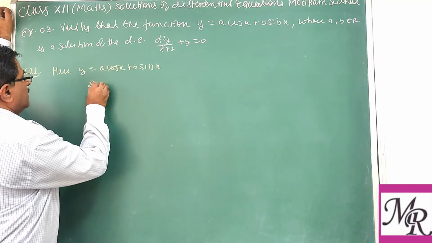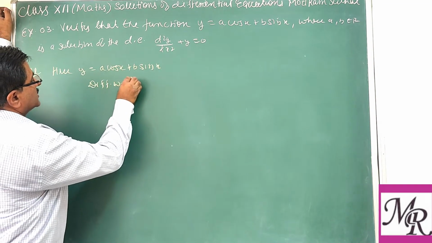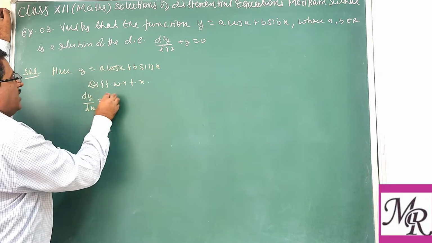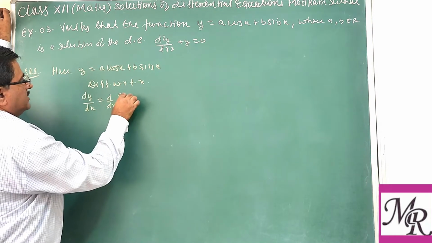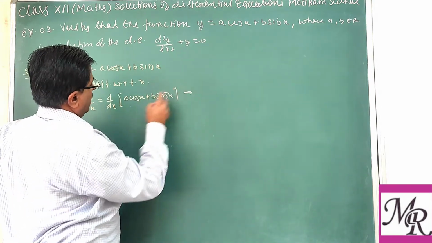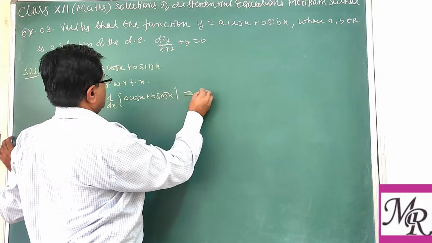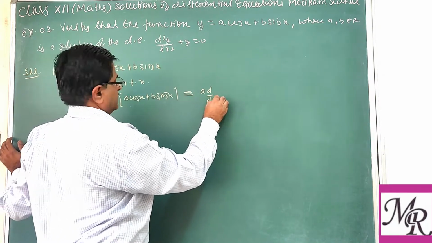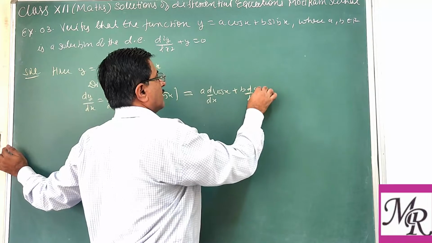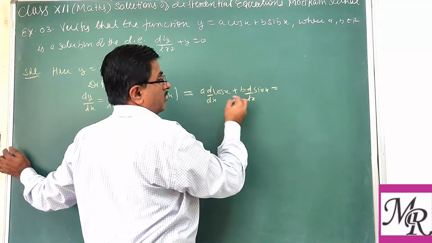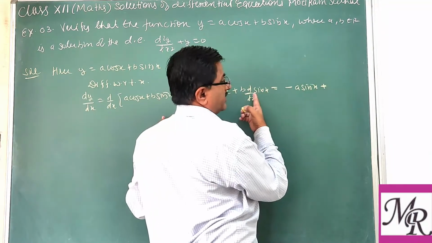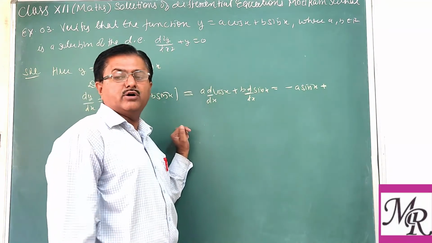Differentiate with respect to x, so operating d by dx on both sides and using the algebra of derivatives, the derivative of a sum of two functions is the sum of the derivatives of each function. The derivative of cos x is minus sin x. b is a constant, so we take it outside the derivative symbol, and the derivative of sin x is cos x.